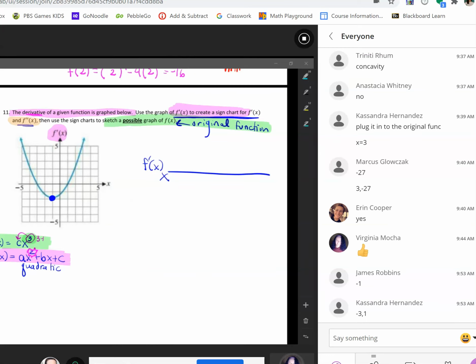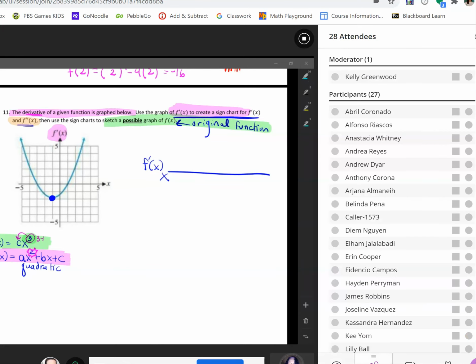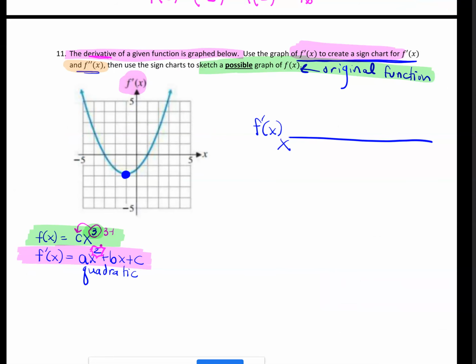So let's actually think about what is the derivative of that. Y'all, if I did a tangent line here, there is a horizontal tangent line, but the tangent line describes the derivative of this. So tangent lines to a first derivative graph describe the second derivative, right?